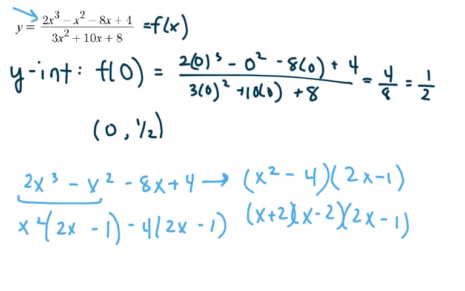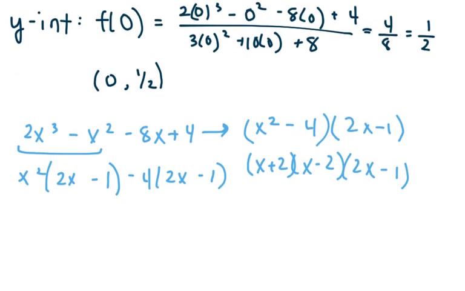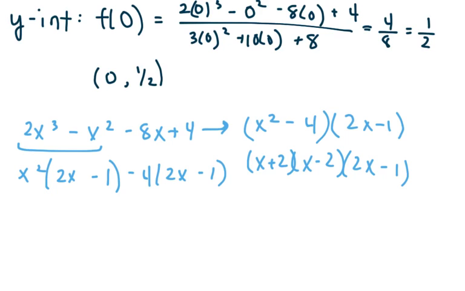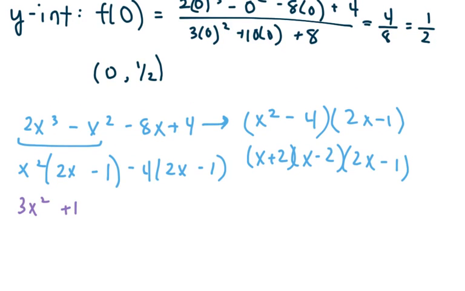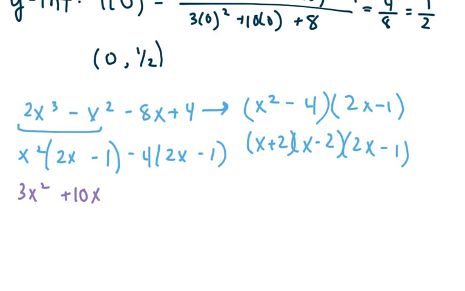So now I've factored the numerator completely, and I need to go ahead and try and factor the denominator. The denominator is just a pretty straightforward quadratic, 3x squared plus 10x plus 8. I ask myself what multiplies to 24x squared and adds to 10x, right?